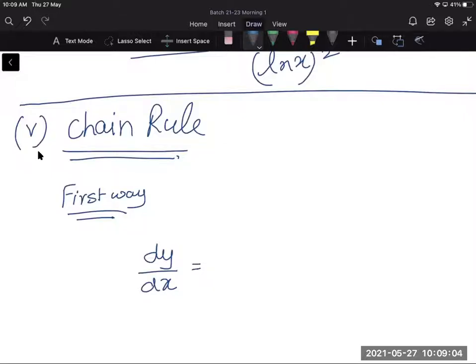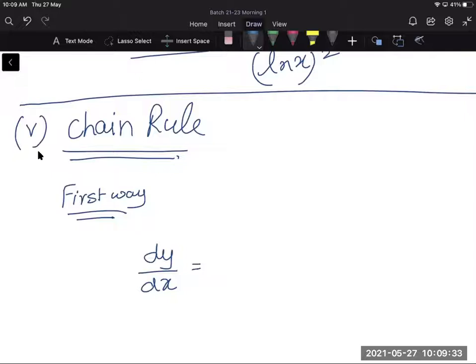It represents a very small interval on the y-axis. dx is also a variable, representing a very small interval on the x-axis. Anyway, dy by dx is a fraction, and therefore I can carry out any operation that is allowed on a fraction.